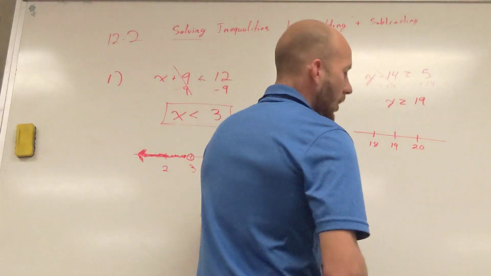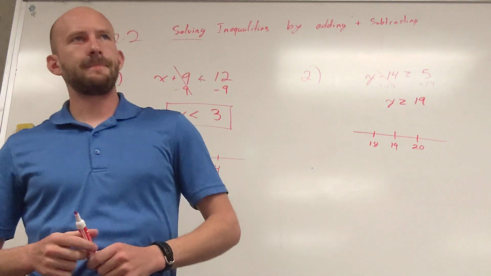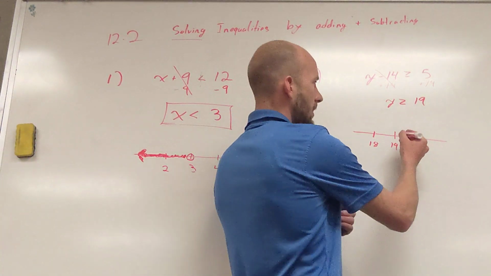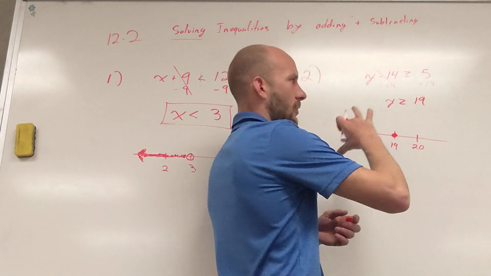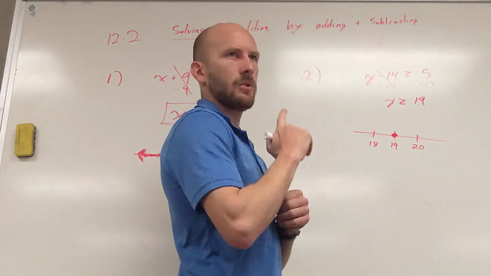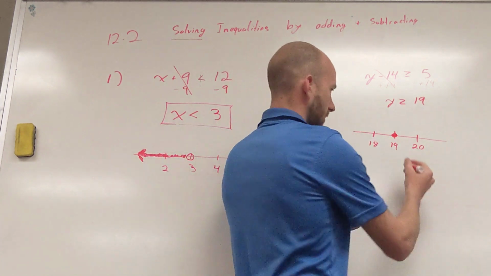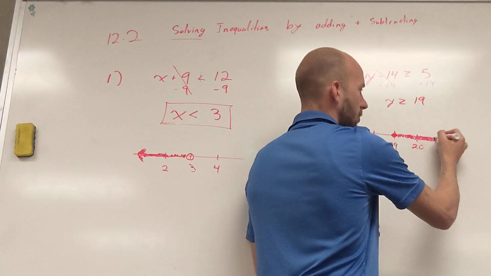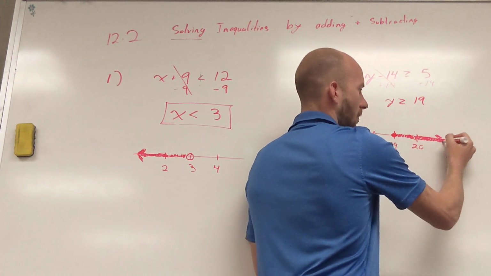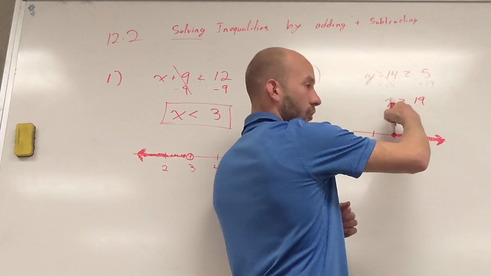Would that be an open or closed dot on 19? Closed, because it can be equal to 19. And if I want y to be greater than or equal to, it needs to be shaded to the right. Again, what the shading means is that all these values to the right should work there.